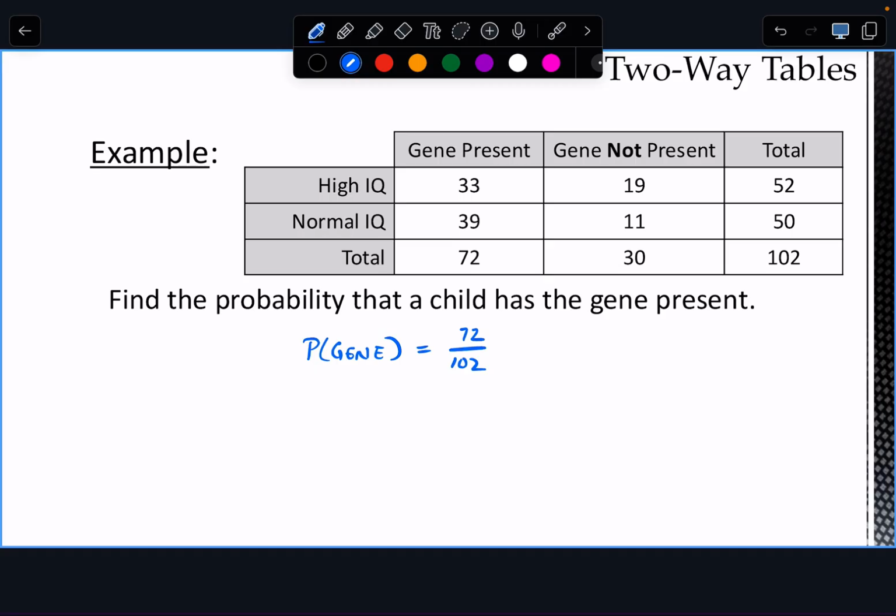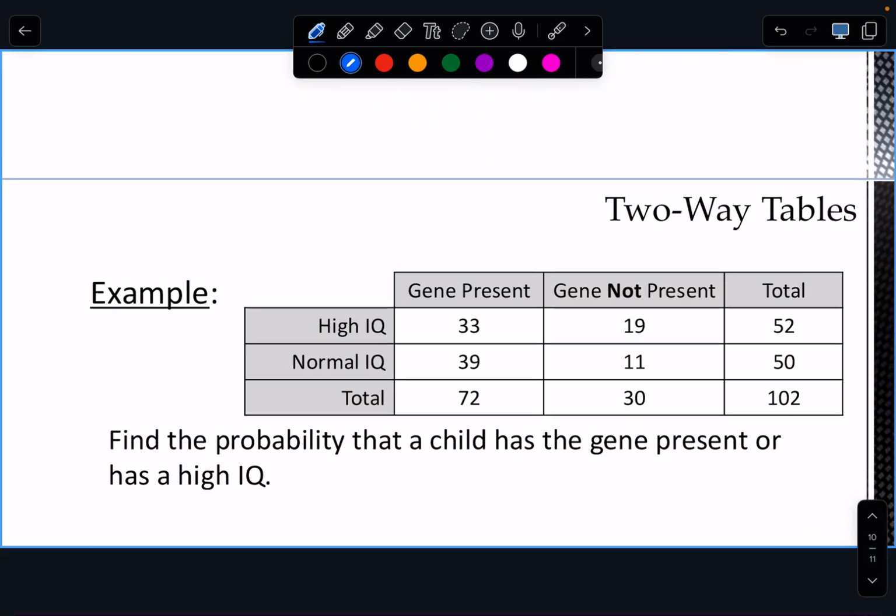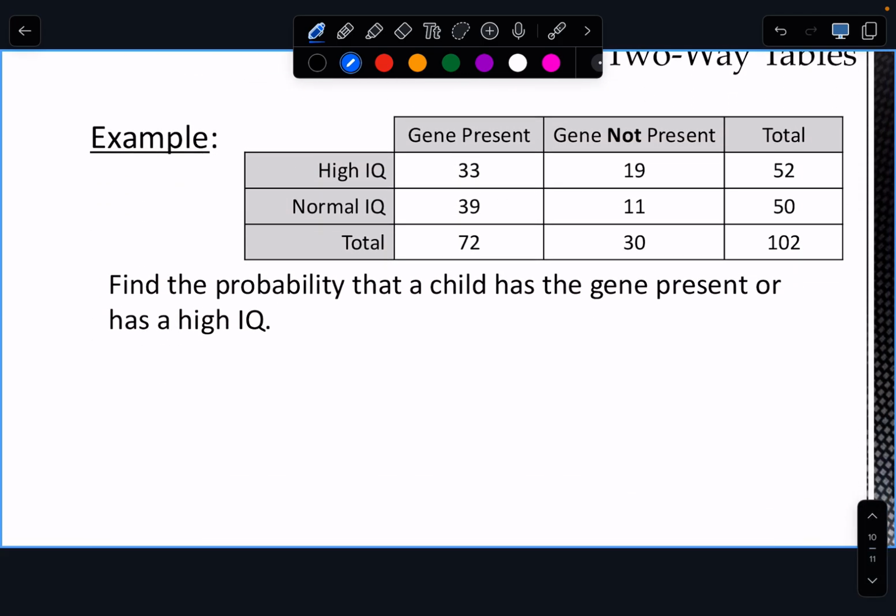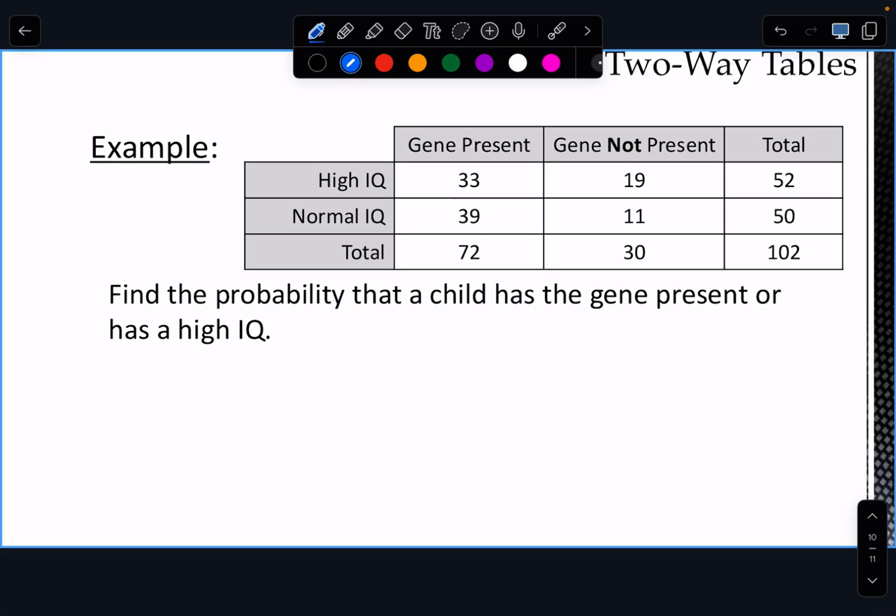Okay. And then using kind of what we talked about today: what's the probability that they have the gene or have a high IQ? So now we have that keyword, or.